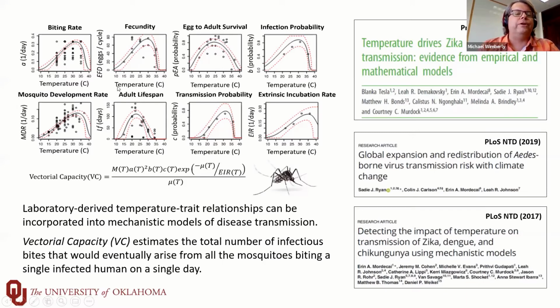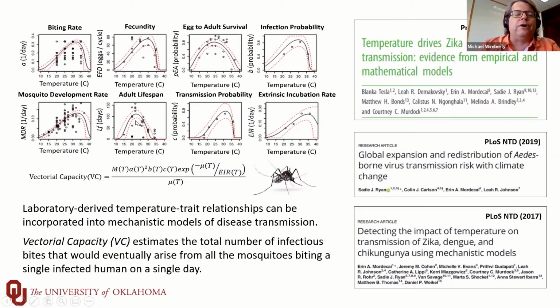So here, if we look specifically at Aedes albopictus, these curves tell us that it is most likely to bite, most active, at about 30 degrees Celsius. On the other hand, it doesn't have a very long lifespan at 30 degrees Celsius.